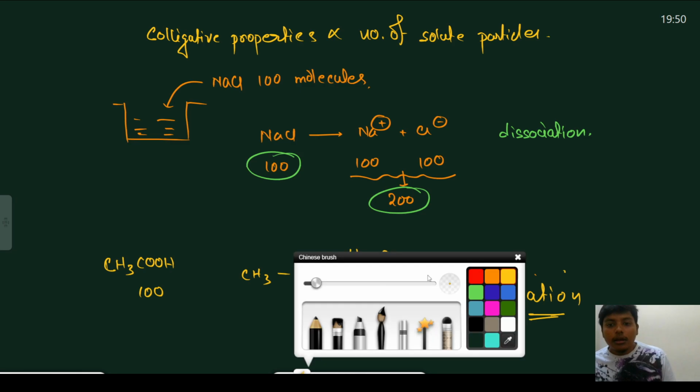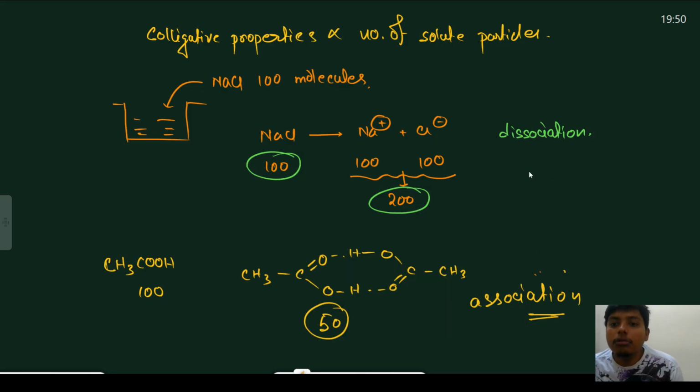Let's suppose the pi value should come 2 bar, but it is actually coming 4 bar. We calculate 2 bar, but actually 4 bar comes. So what is the problem? Because of association and dissociation, the number of particles increases or decreases. This thing understood or not?